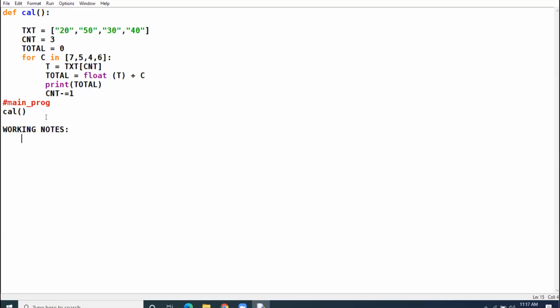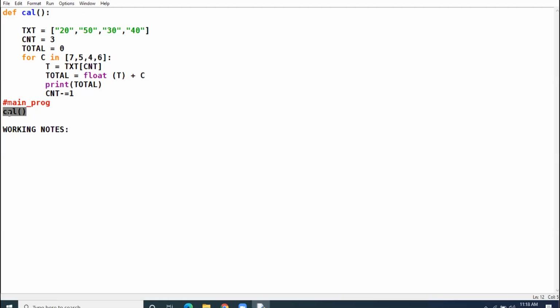Whenever you are to solve the output question, I have told you many times, always start from the main segment. This is the main segment, because this command is not in the indentation area of the function. The commands which are indented inside the function, only they are the part of function block. The commands which are not indented are not part of the function. So in the first instance, we are calling the function cal.